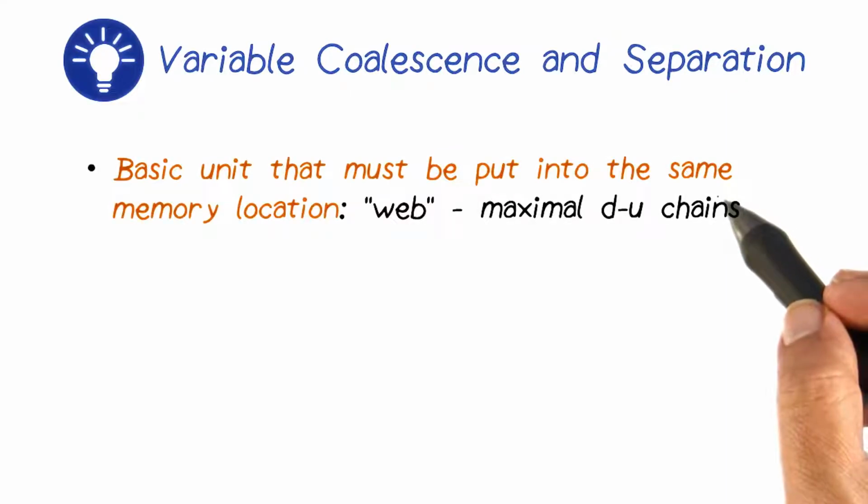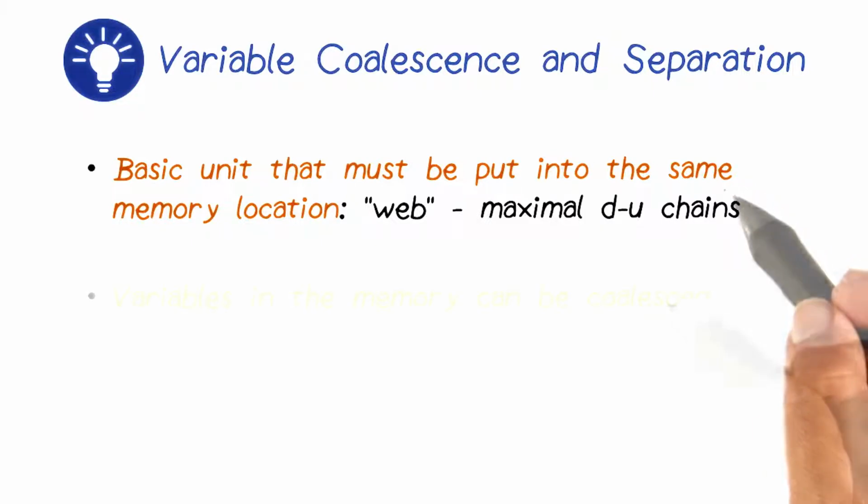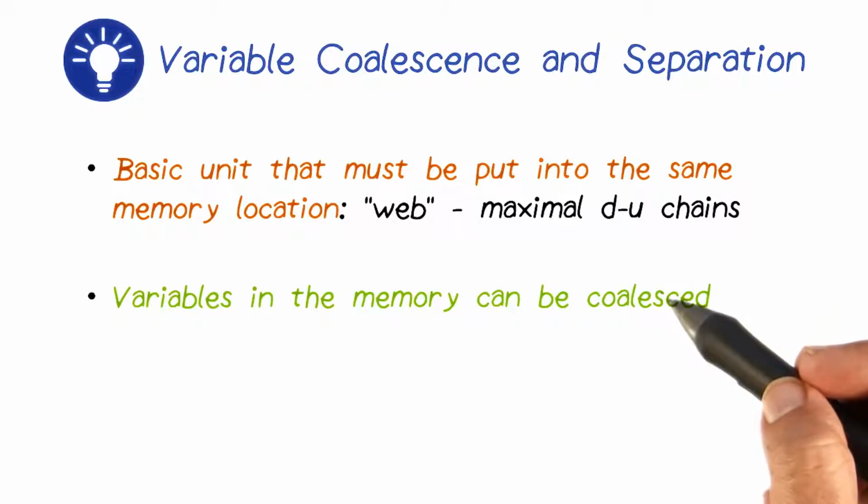Now, what do we make use of here? We make use of some concepts that we borrow from register allocation here. Recall the concept of web. That is, the memory allocations which have the maximal DU chains corresponding to them, we call those as webs. Now, what we can do is consider two different variables corresponding to two different webs.